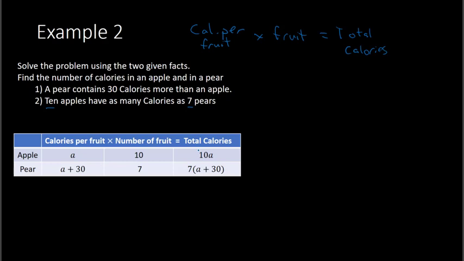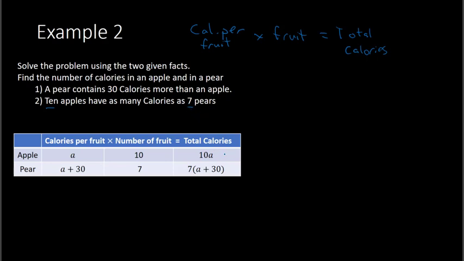So from here, I can set up an equation based off information given. So the information that we are going to be looking at is the total calories, because we are told here in part 2, 10 apples have the same amount of calories as 7 pears. So the amount of total calories of 10 apples is the same as the total calories of 7 pears.